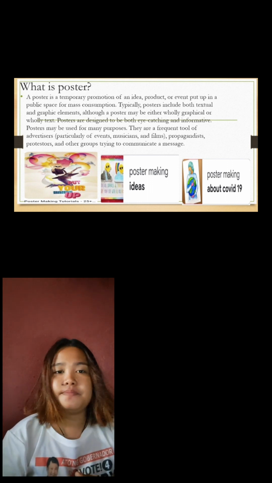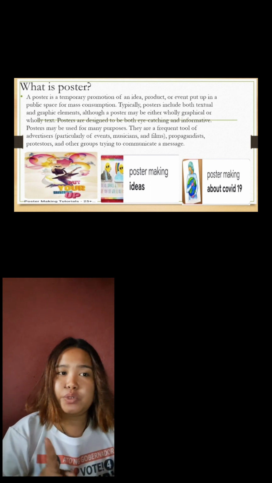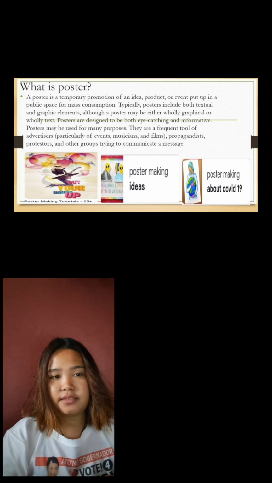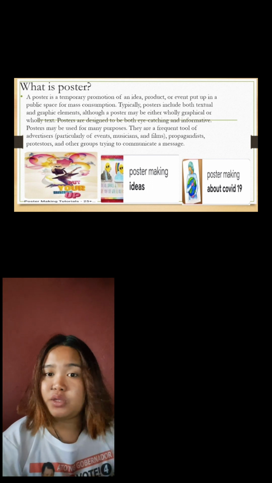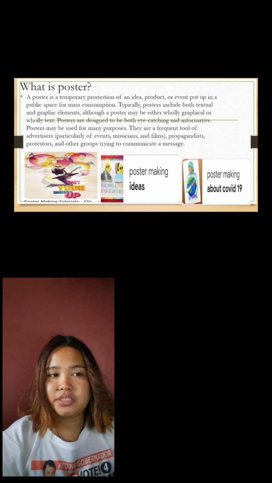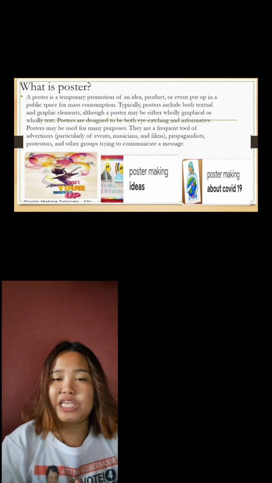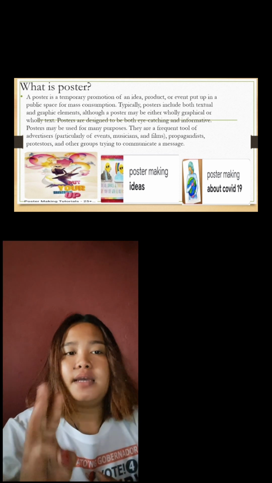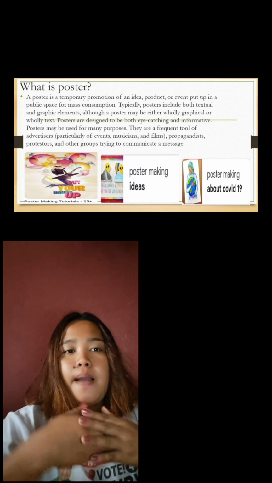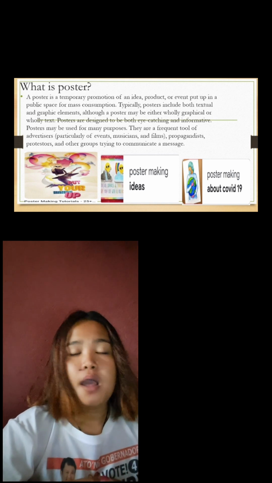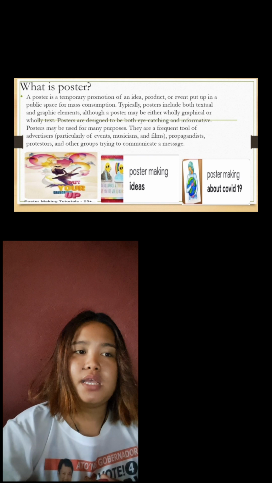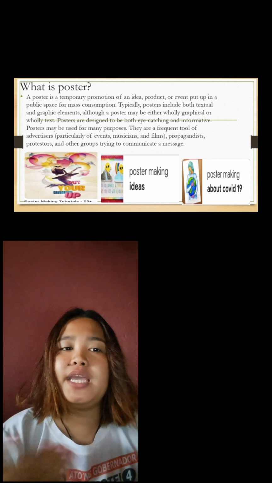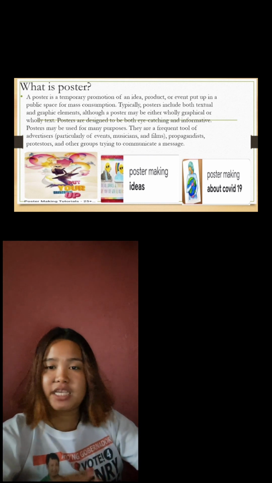Posters may be used for many purposes. They are a frequent tool of advertisers, particularly of events, musicians, and films, as well as propagandists, protesters, and other groups that are trying to communicate a message.